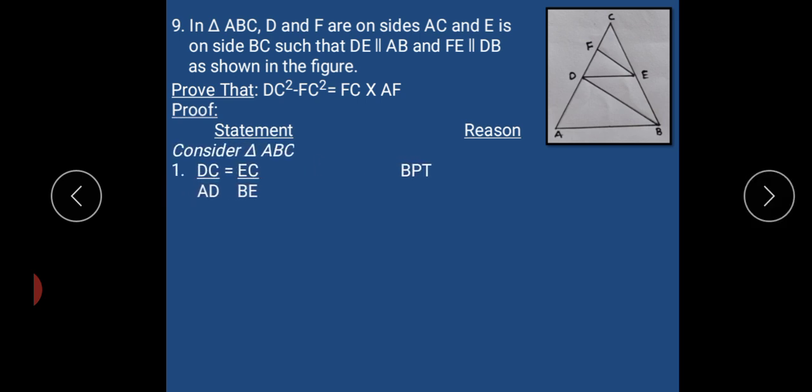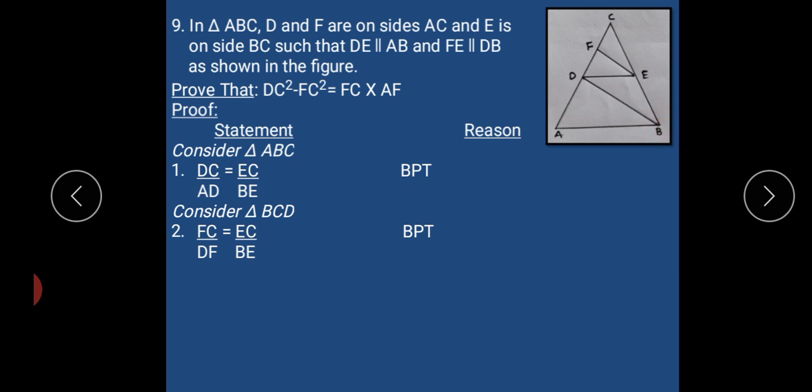First part is simple. In triangle ABC, when you apply BPT, you will get DC upon AD is equal to EC upon BE. BE is here. Now once again, consider triangle BCD, yes, this triangle.